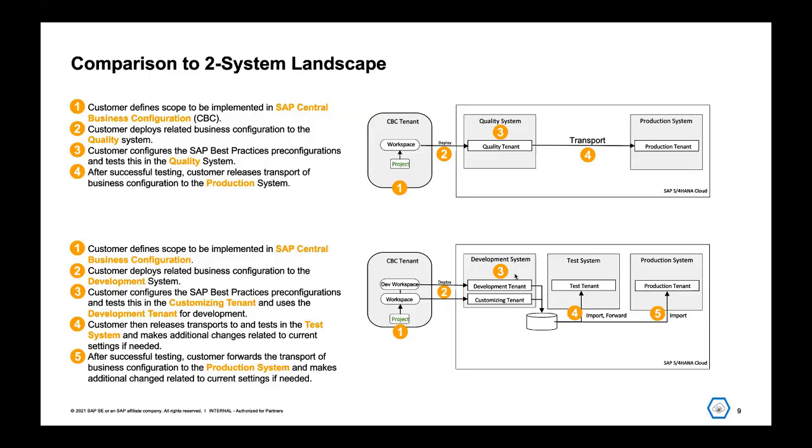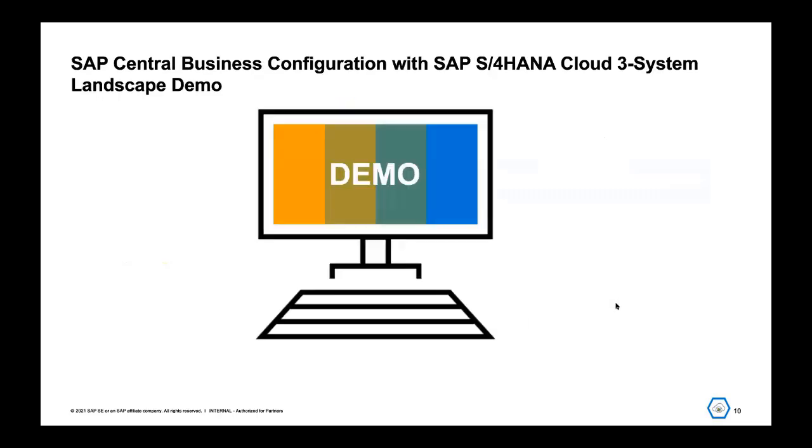I would like to show you how this typically looks, not for the whole project, but at least for the fine-tuning, so that you see what will come, and that there is more flexibility for the customer to deal with the transports, to test the customizing changes in the test system, and release them to the production system.